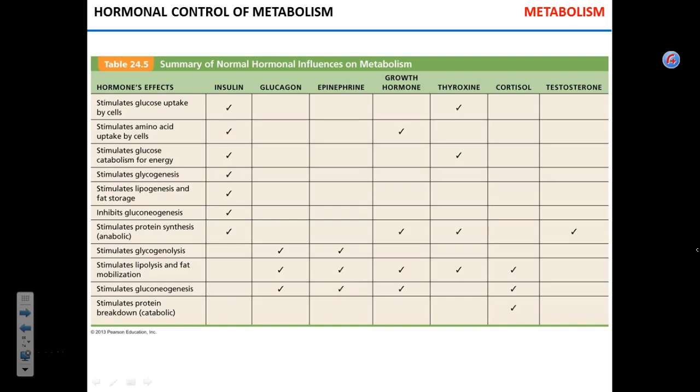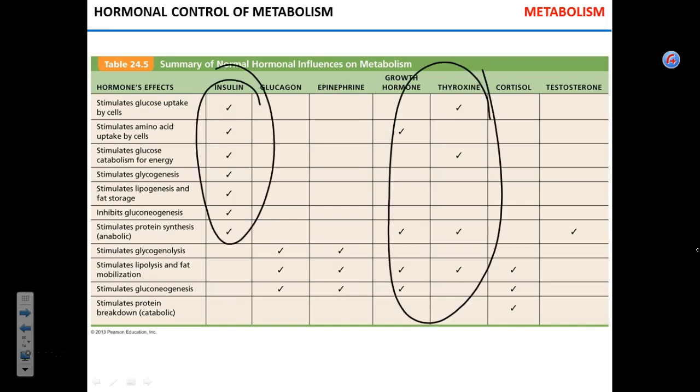Anabolic versus catabolic hormones. Anabolic hormones, the most important ones, I would say: insulin, growth hormone, thyroid hormone, and testosterone, which makes perfect sense. Growth hormone, it's damn growth. Testosterone and estrogen too stimulate growth of muscles and bones. Insulin increases the uptake of amino acids.